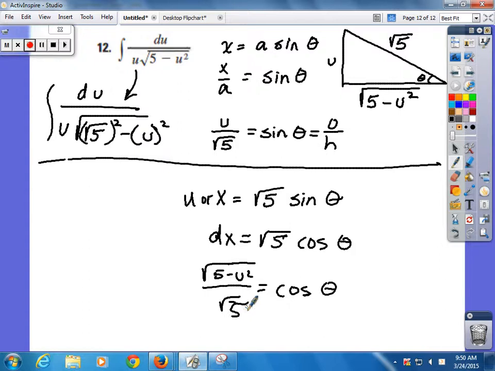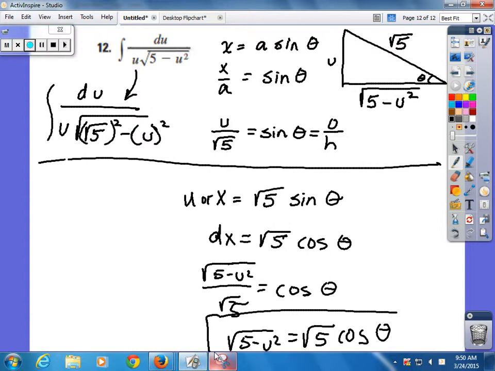So the square root of 5 minus u squared is equal to the square root of 5 cosine of theta.